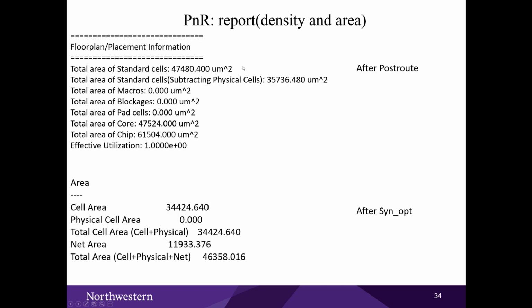And for the area here, the one below is what we got after SynOpt. The cell area here is 34,000 micrometers squared, and what we got after post route is 47,000 micrometers squared, because we have some physical cells, fillers, here. Even subtracting fillers, the area is also bigger than what we got after SynOpt.